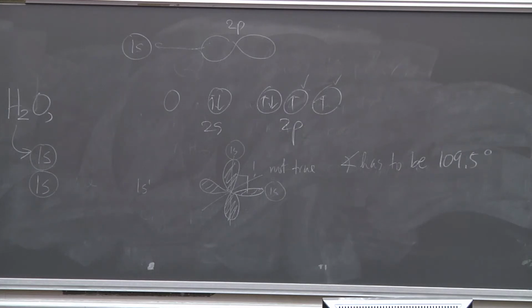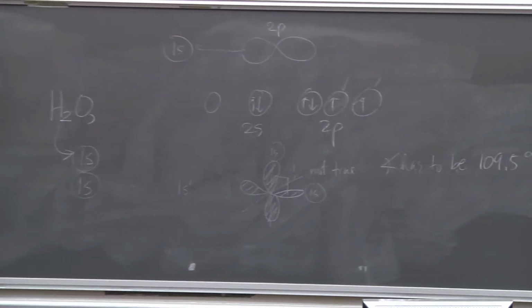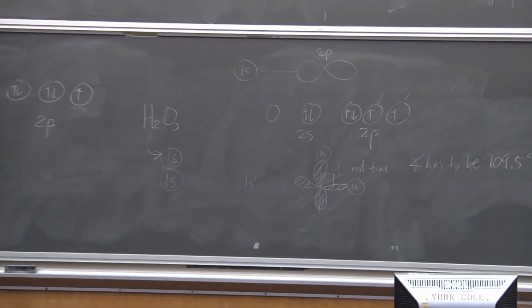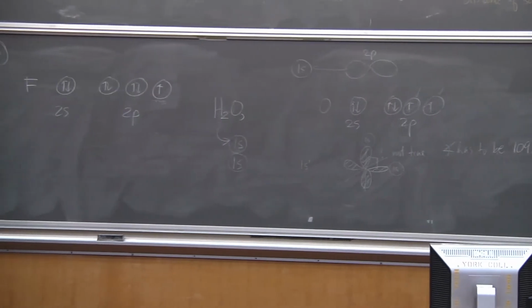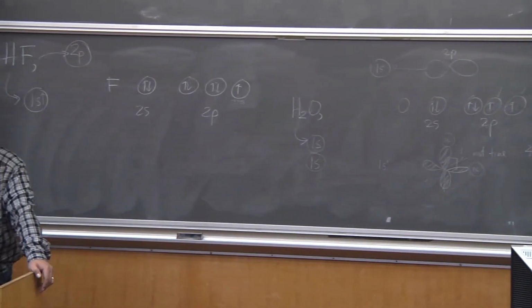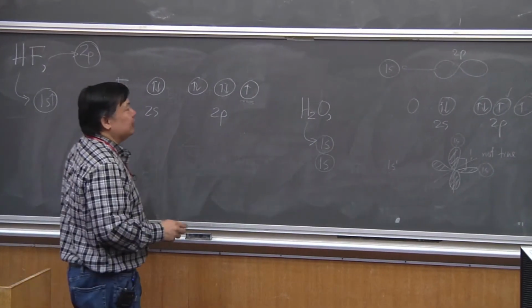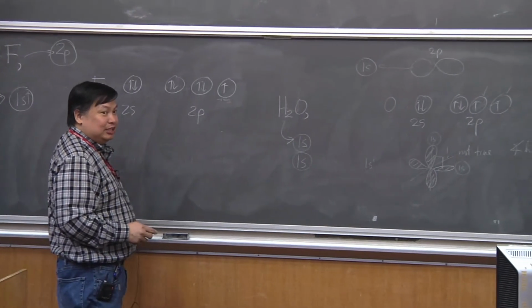Everybody with me? So if the angles were 90, I'm done, right? I've explained it already. But since the real observed angle is 109 or close to that, I really have not explained it yet. So to explain this, they invoke what they call hybridization.